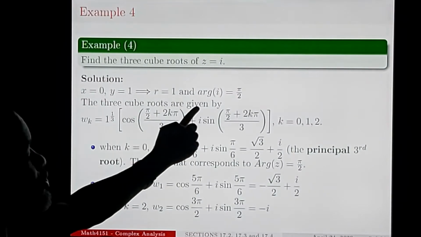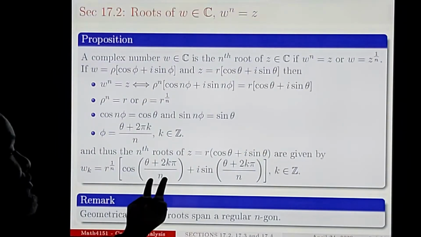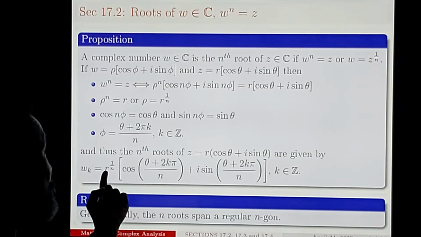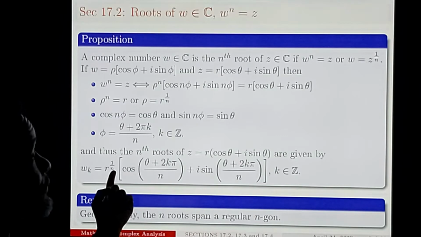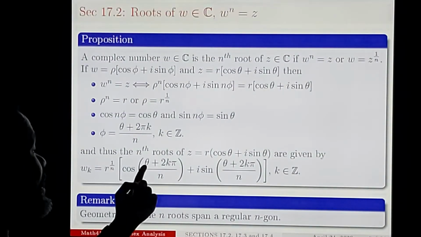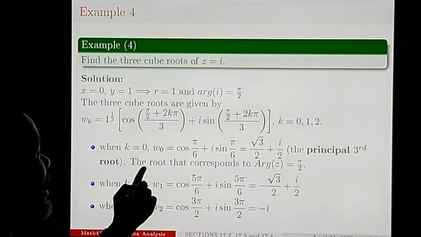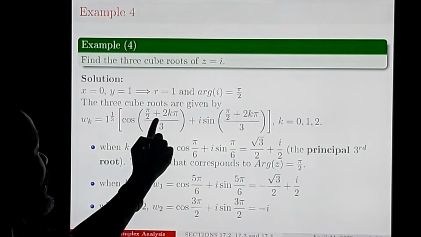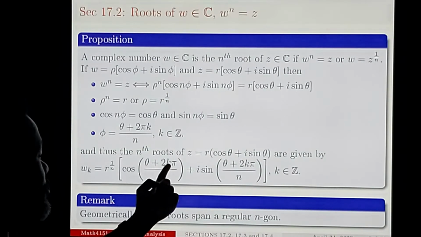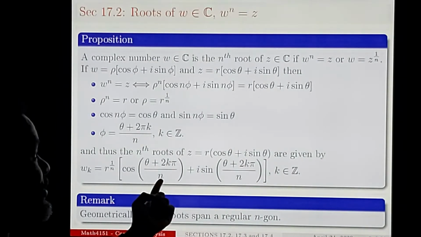So the 3 cube roots are given by applying this formula. You just need to remember this formula. Our radius is 1, so it's 1 to the power 1 over 3, which is what we have here. And then theta is the argument of z, which is pi over 2, and then 2 pi k over n, where n is 3.